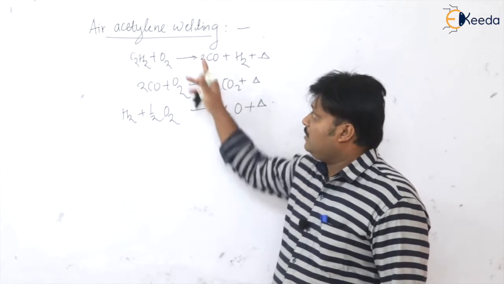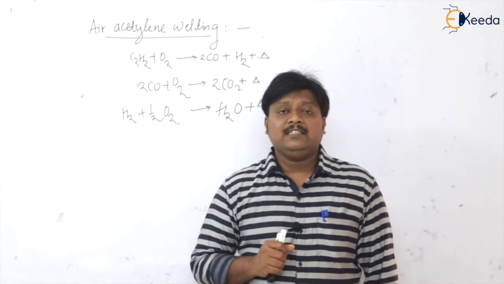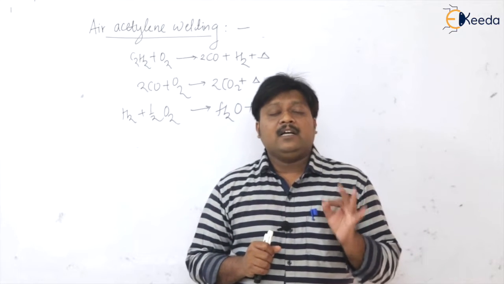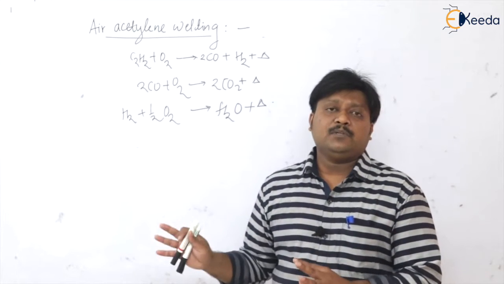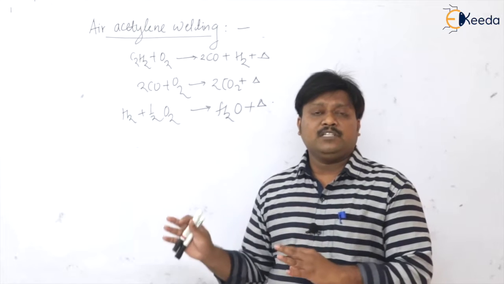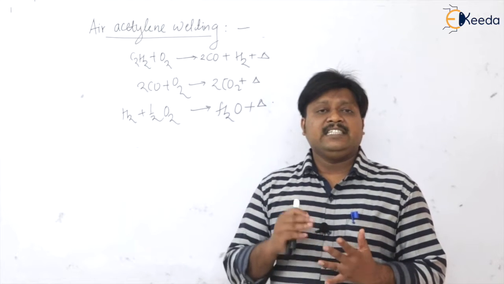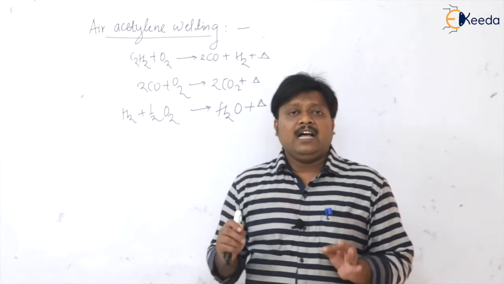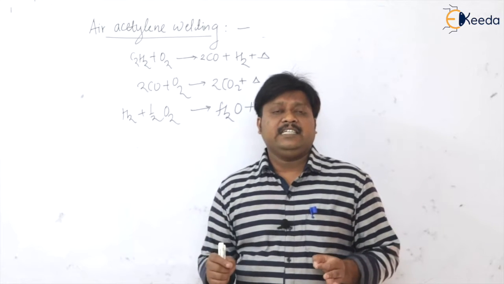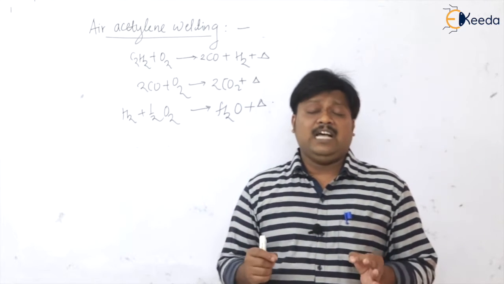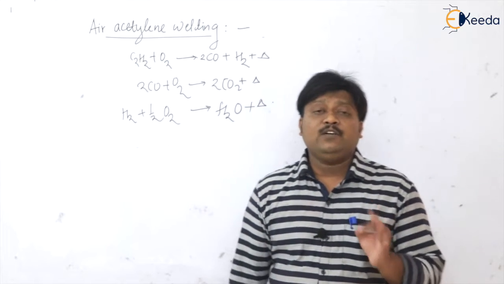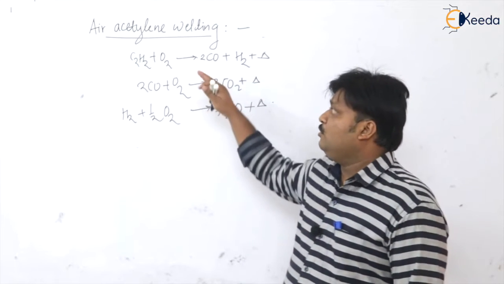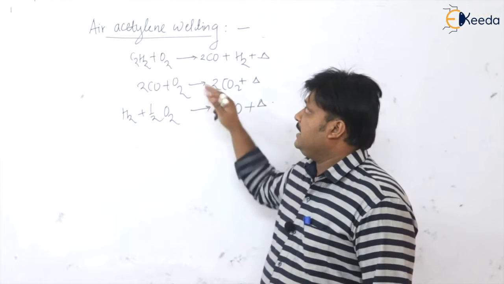The technique is used for low melting point materials like lead, tin, zinc, cadmium, etc., and was used as the heat source for soldering. So this was about air acetylene welding.